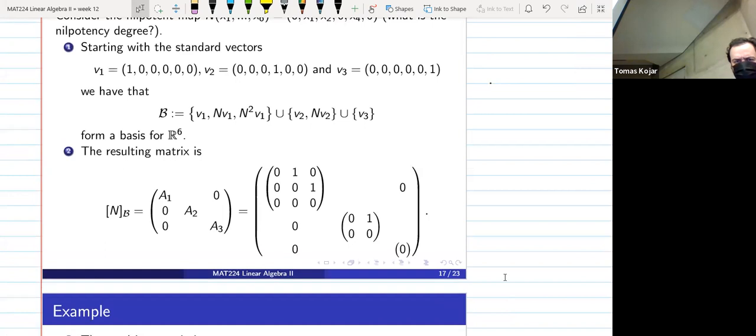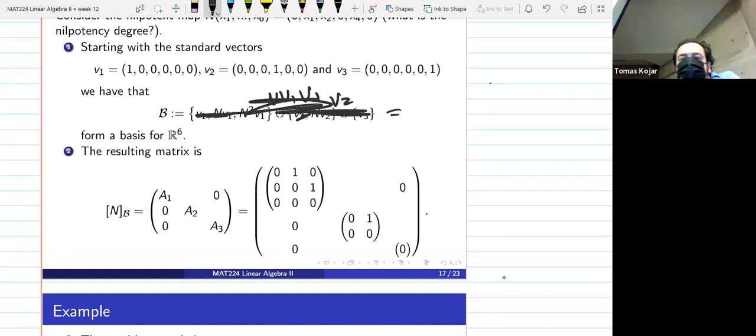Okay, so then I wrote it the wrong way. So it's N V1, V1, and V2. Don't make that mistake. The ordering matters a lot.